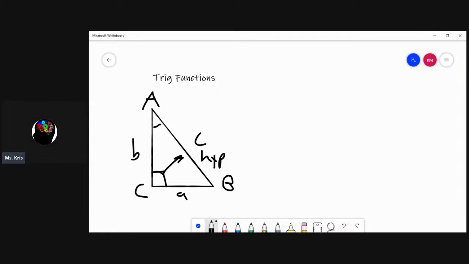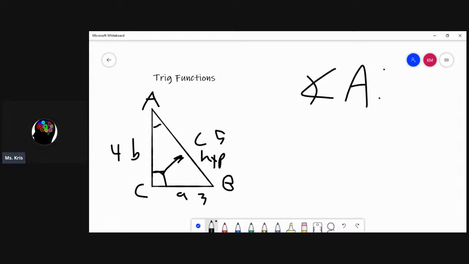So what does it look like when I try to find the trig functions as it relates to angle A? All right, let's say that we have side A, little a, which represents 3, side B, which represents 4, and side C, which will be, of course, 5.